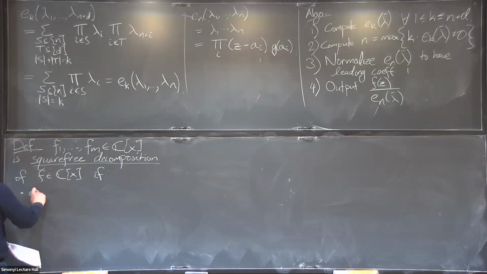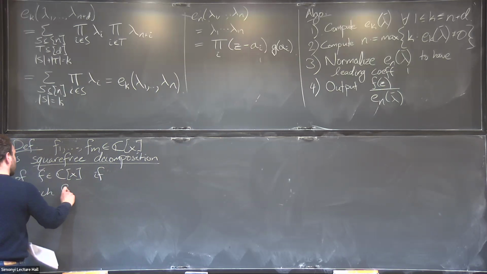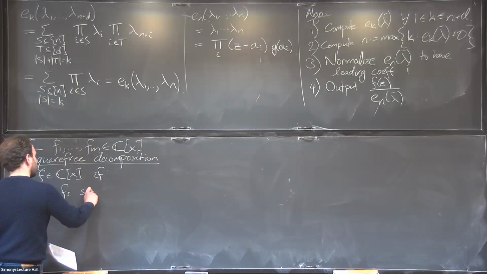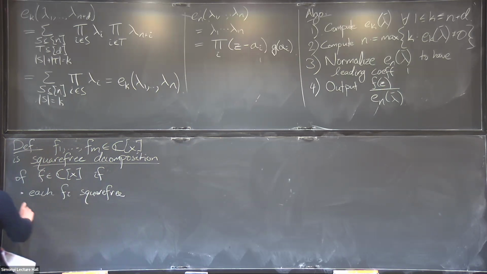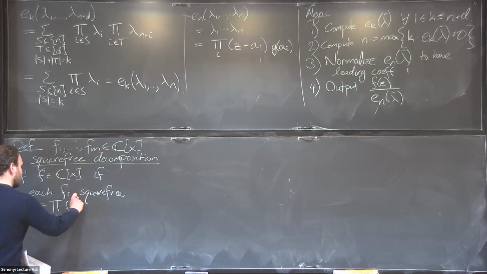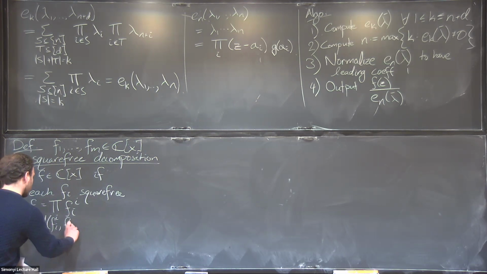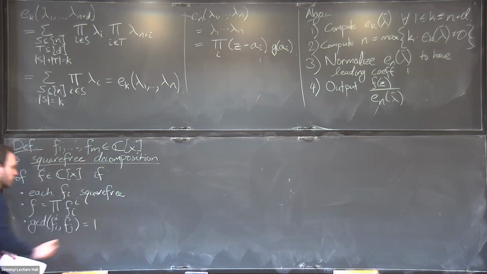The first is that each f_i is a square-free polynomial. The second is that f is the product of f_i raised to the i. And the third is that these f_i's should be pairwise co-prime.